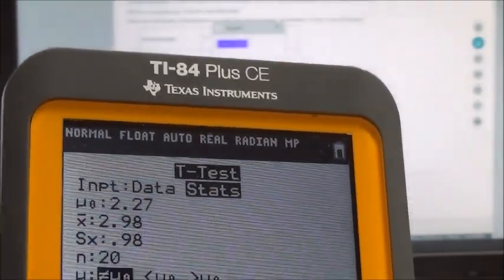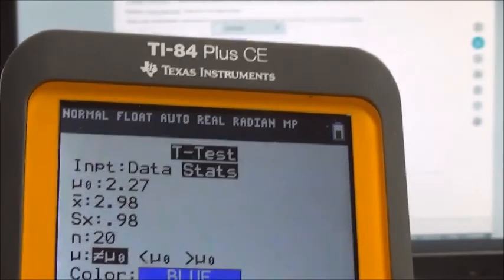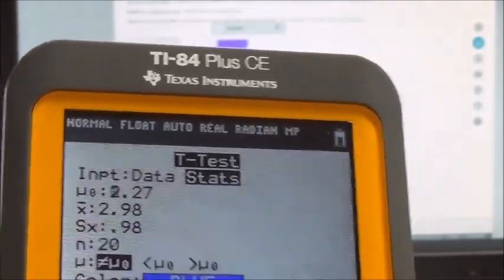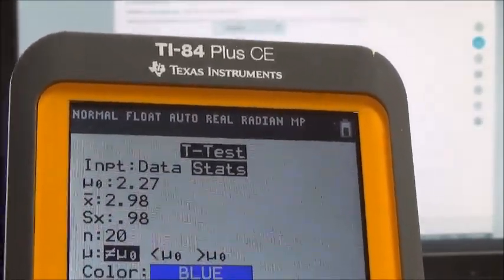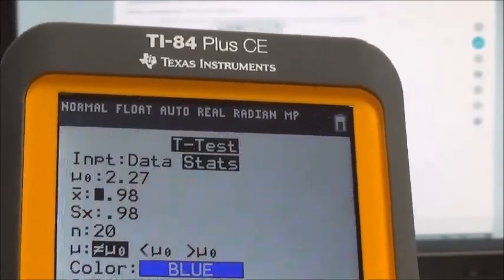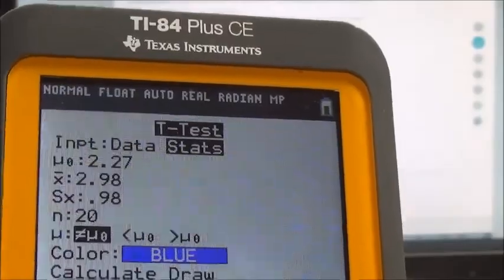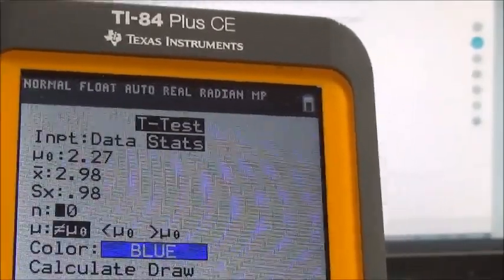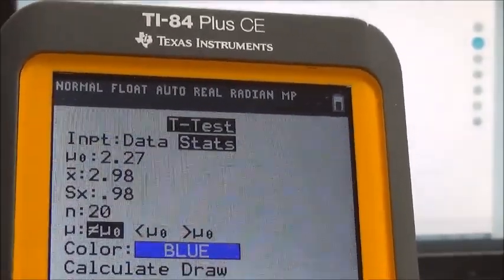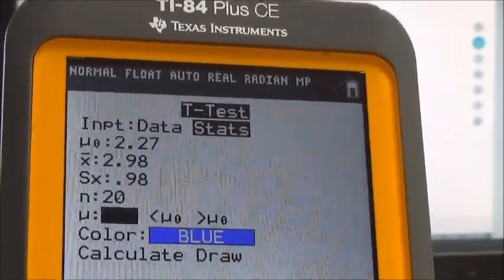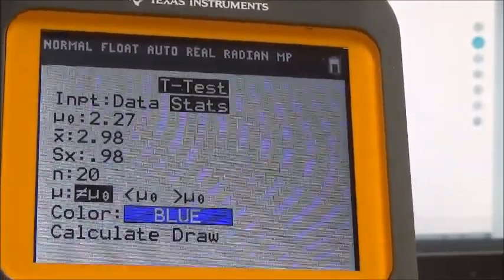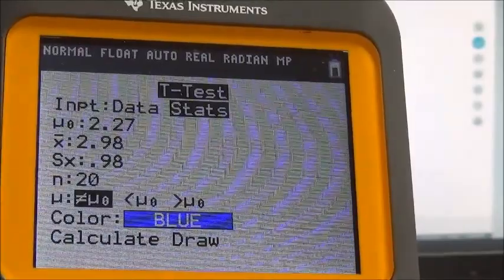The given mean that we had was 2.27. The mean from our sample was 2.98, and the standard deviation from our sample was 0.98. A random sample of 20 people were selected, and so we're trying to see if it differs, so we're going to use does not equal.